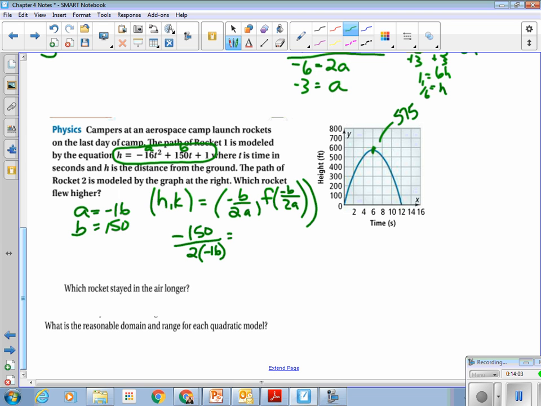That is an easy calculator chug. 150 negative divided by 2 divided by 16 negative equals 4.6875. But let's get that as a fraction, because 4.6875, that's no fun.